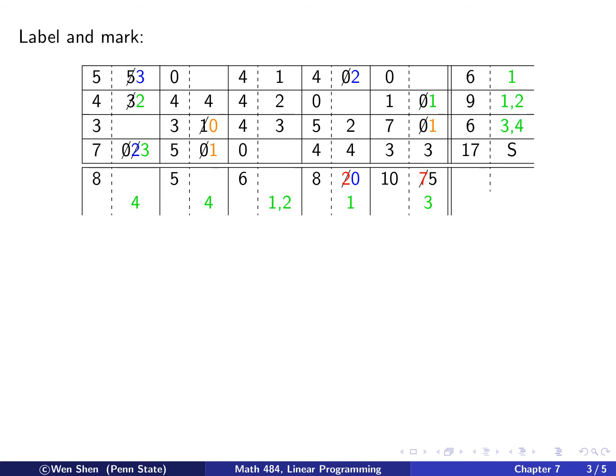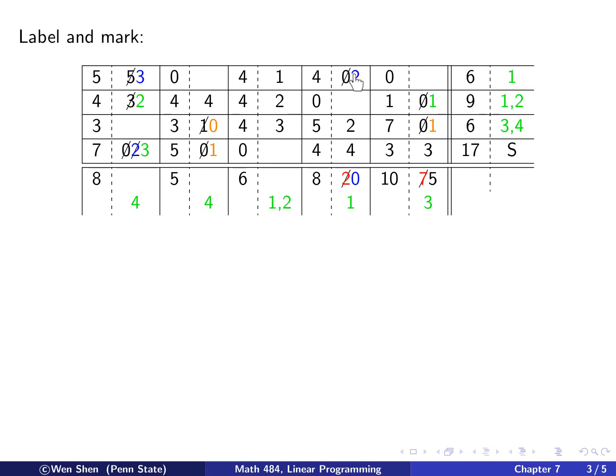Okay, now let's look at row 1, and now I want to see further from which column I can connect to this row 1. So row 1, okay, so these are the 3 columns that have not been labeled yet so far.